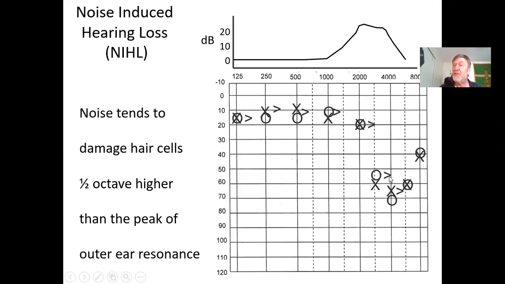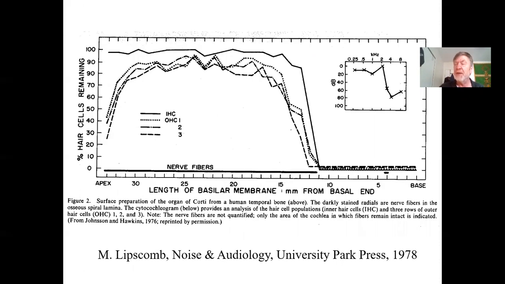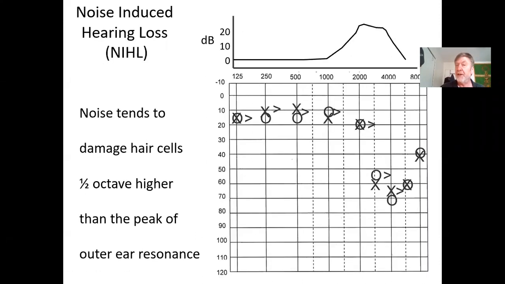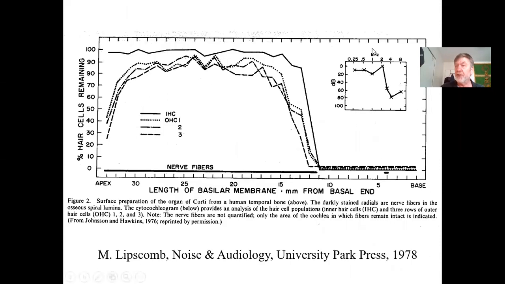The reason for the shape of noise-induced loss is the shape of the outer ear canal resonance. Now here's noise-induced loss. Again, you can see it here and here. Okay, looking at noise-induced loss in this little inset. And now they're looking at hair cell damage along the basilar membrane.